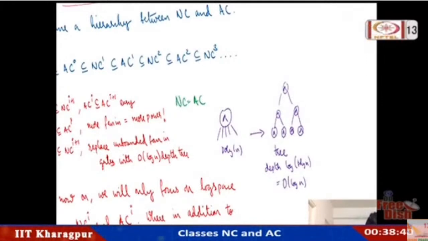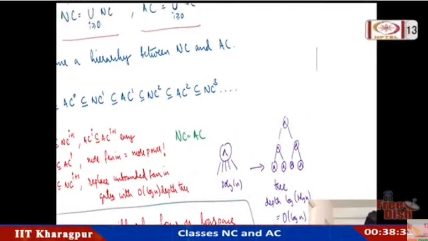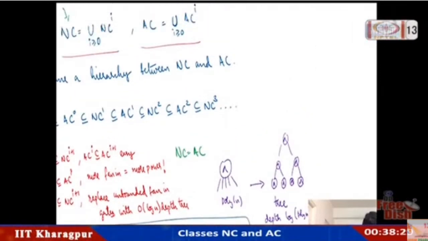So now summarizing all this, we could just write it like this. We have NC0 contained in AC0 contained in NC1, AC1 and so on. It's a chain.